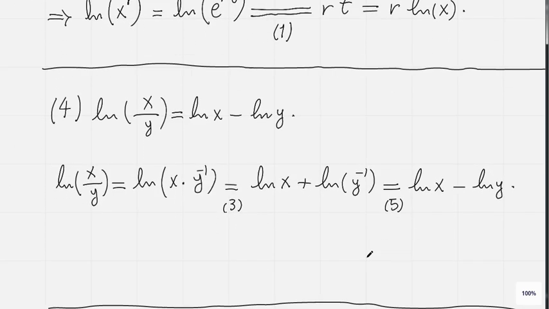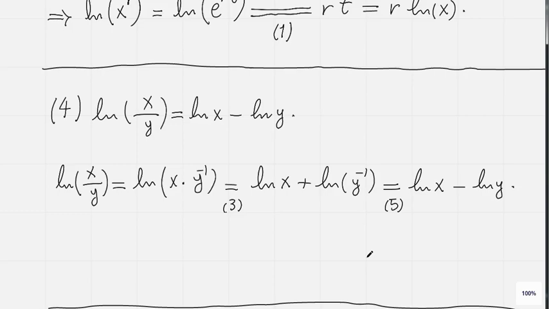Now, by property 3 and property 5, we can easily prove property 4. Recall that property 4 was that ln of x over y is equal to ln x minus ln y. Then we can write x over y as x times y to the negative 1.